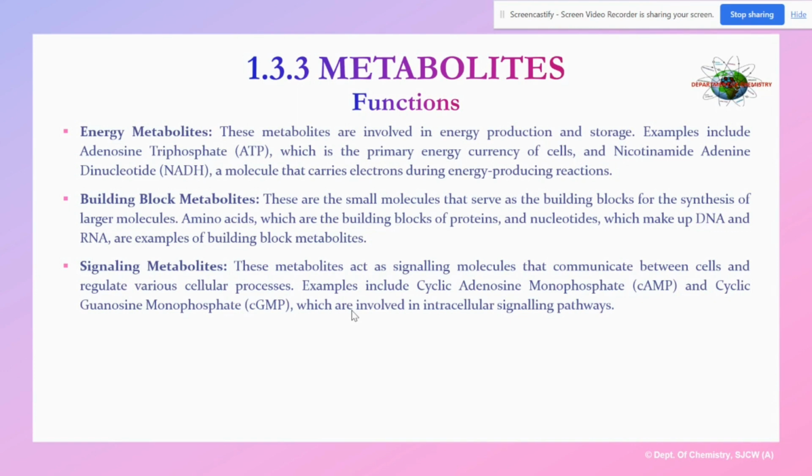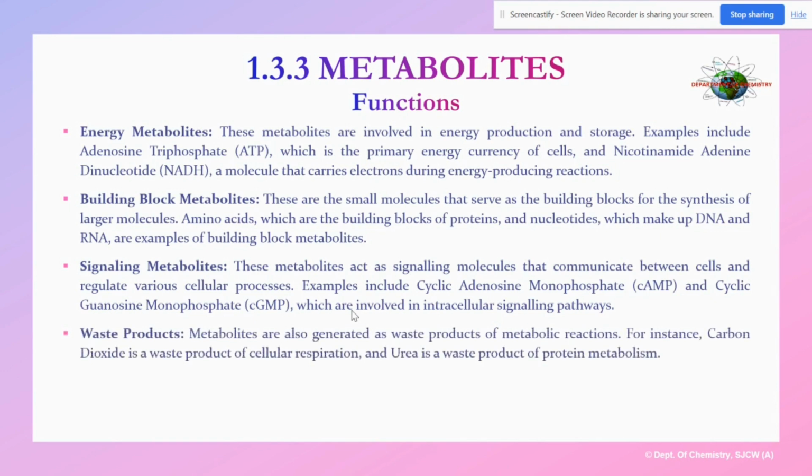cAMP is cyclic adenosine monophosphate, whereas adenosine triphosphate is the energy currency in cells. Adenosine monophosphate is the signaling metabolite, and cyclic guanosine monophosphate, which are involved in intracellular signaling pathways.